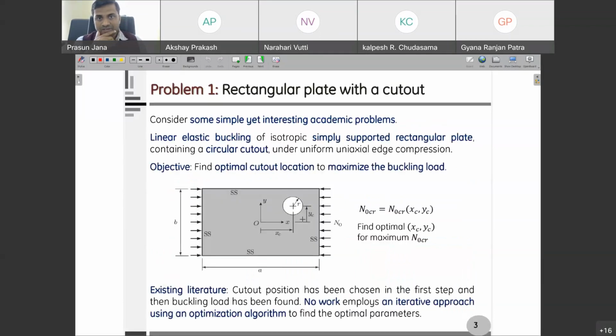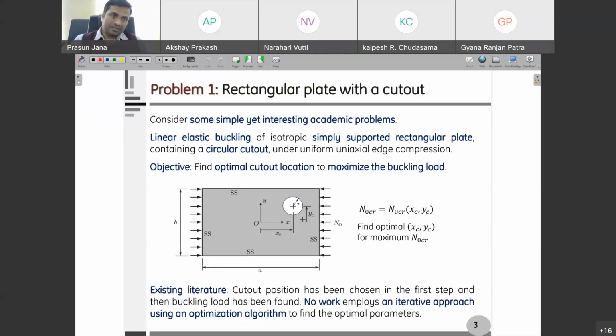The first problem: let us take a plate of rectangular shape, and there is one single cutout, let us say of circular shape. Okay, so a rectangular plate with a circular cutout, and that cutout can be anywhere in this plate.